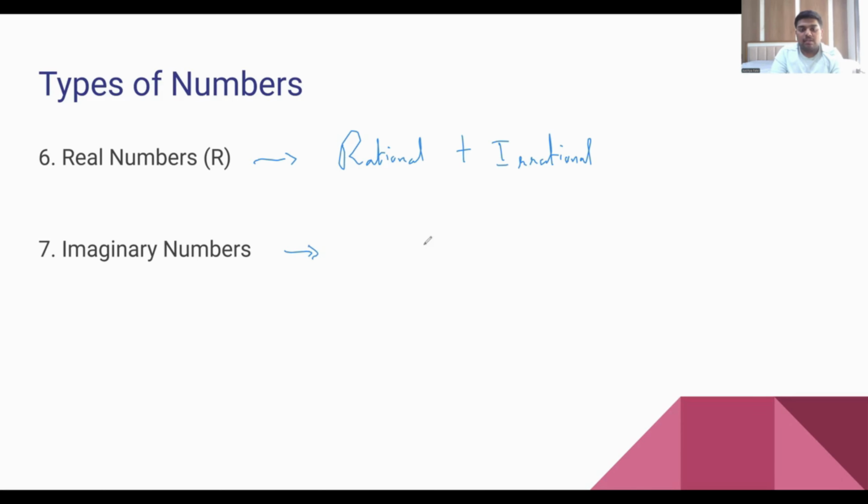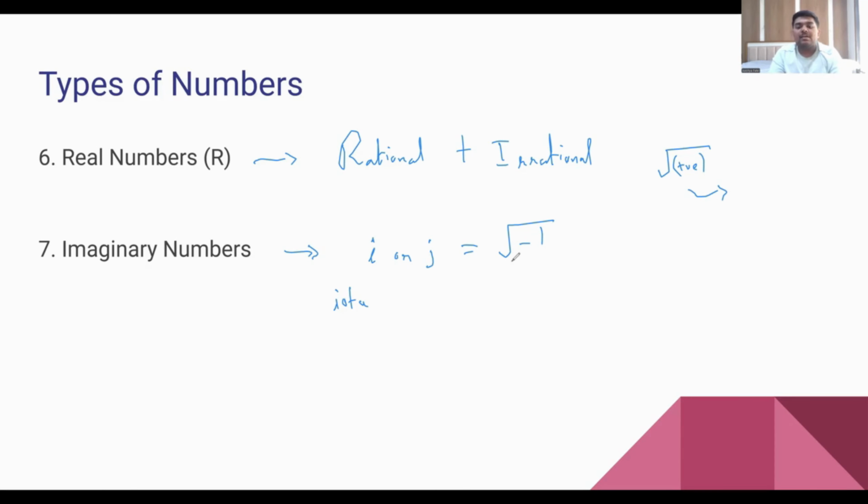Now, in the case of imaginary numbers, you can remember one thing, which is an iota. It is represented somewhere by i or by j, small j. Now, this is equal to the square root of -1. Okay. So now you must know that for the square root to be real, the number inside it has to be positive.